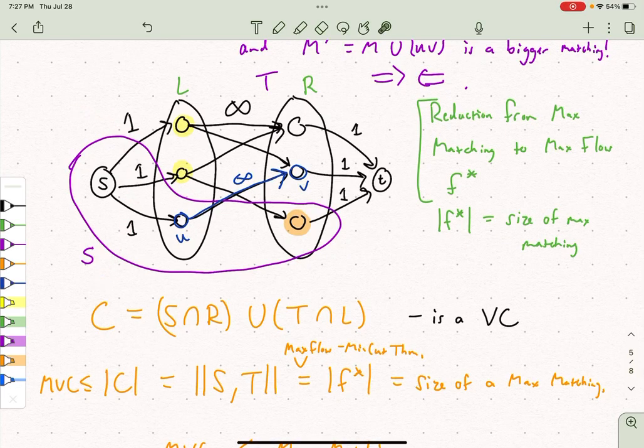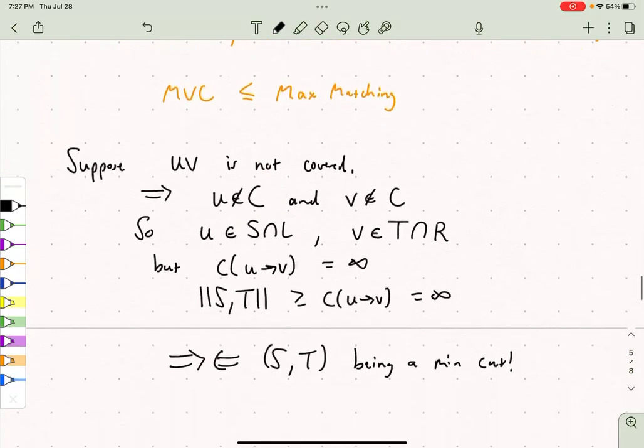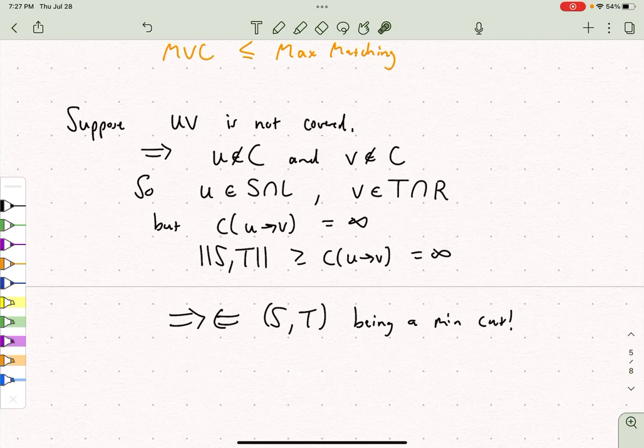Basically, that corresponds to picking every node in L for your cover. So one better option would be just to do this. This has cut capacity at most size of L, which is finite. So if this was truly a min cut, it would not have infinite capacity. You can always find a finite capacity cut. And so this contradicts it being a min cut, and so every edge must be covered.